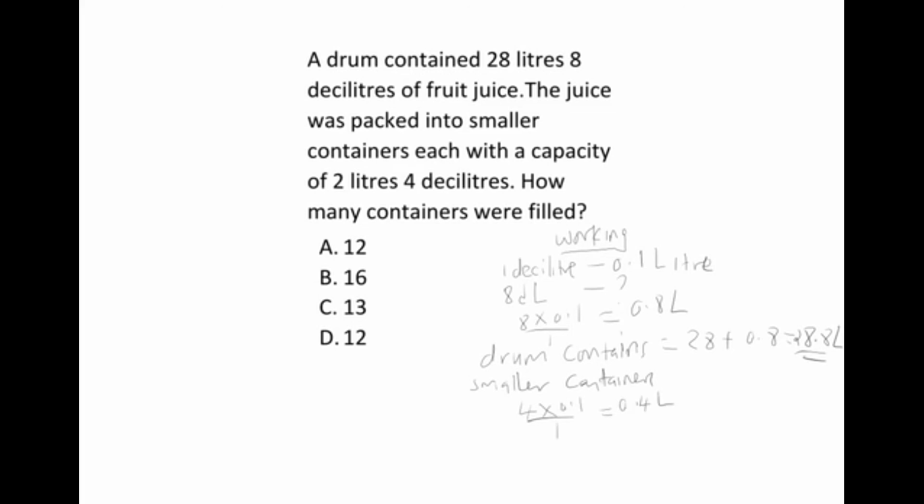So each smaller container contains 2 plus 0.4, which is 2.4 liters. So to get the number of smaller containers, we get 28.8. We divide by 2.4.